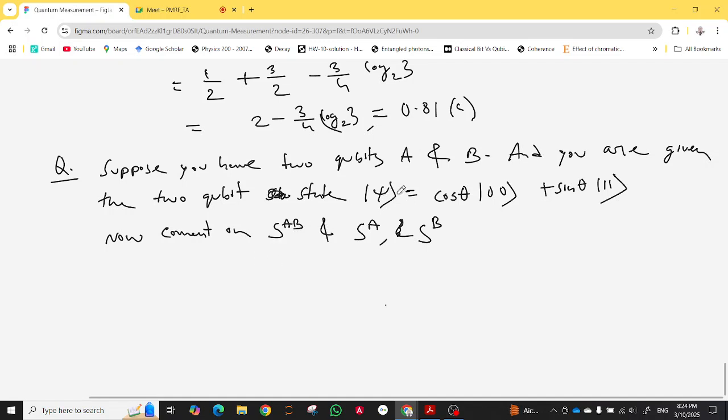AB has the state psi. Now we have to calculate just the entropy SAB, the mixture, and the individual states also.